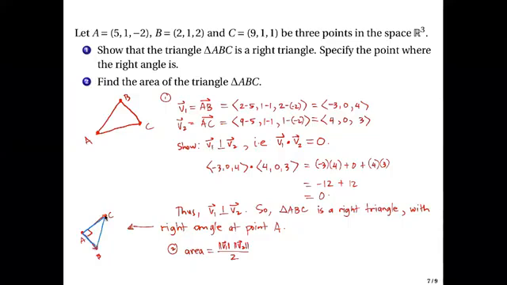That's the area of the triangle. But you see, the norm of v1 is just negative 3 squared plus 4 squared. You take the square root of this.